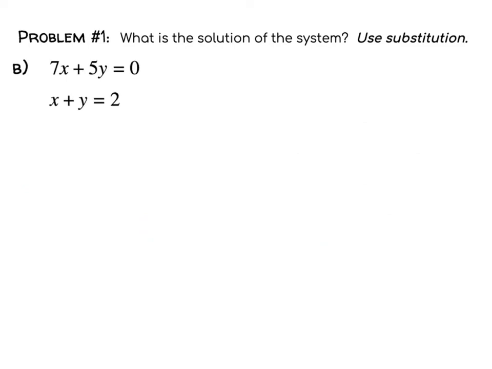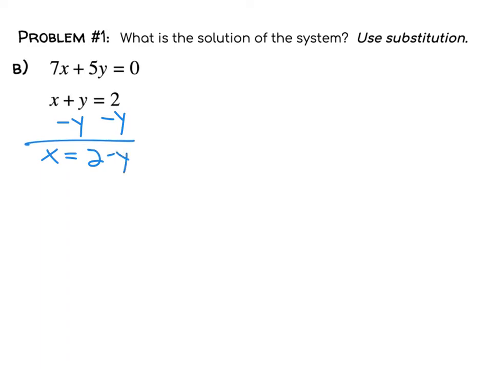So for 1b, we're using substitution, and we have an equation that says x plus y equals 2, which seems really easy to isolate one of the variables. We can do either one, and let's take away y, so we could say minus y, and we will get x equals 2 minus y.